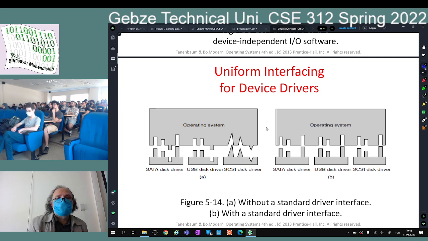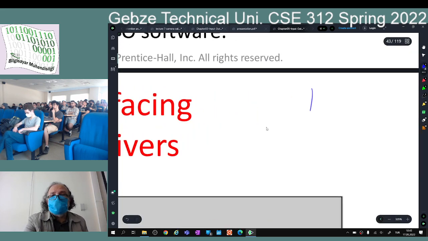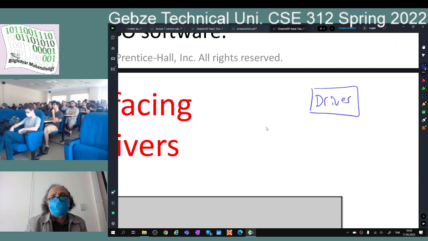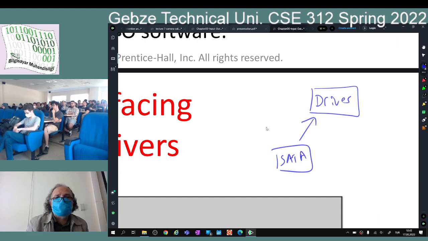Of course, with object-oriented programming, you write an abstract base class named driver. It has lots of pure virtual functions. When you write your, for example, SATA driver, you derive it from this base class, so you have to implement all those pure virtual functions one by one.